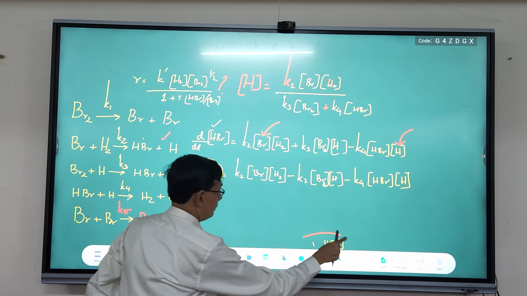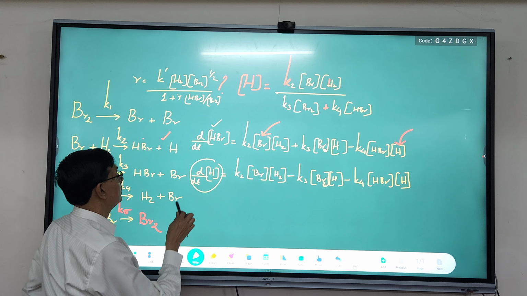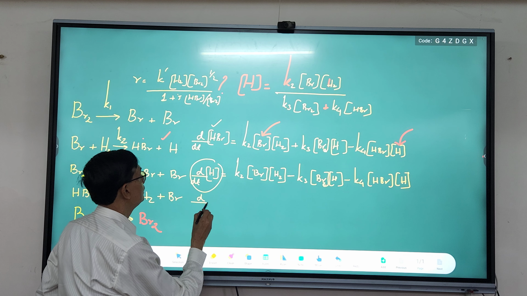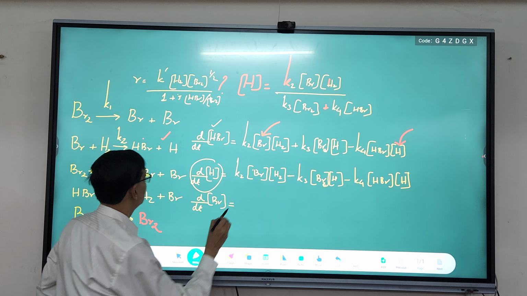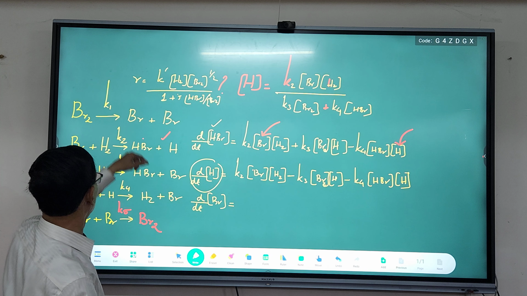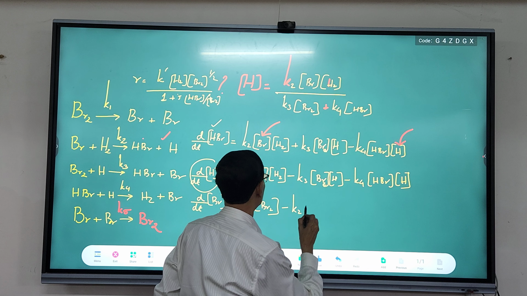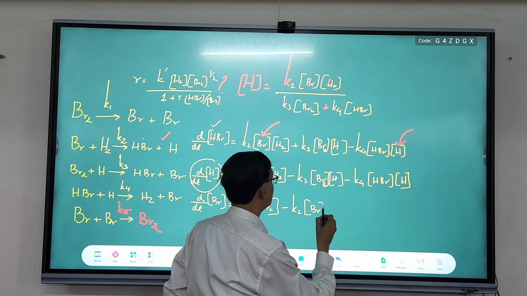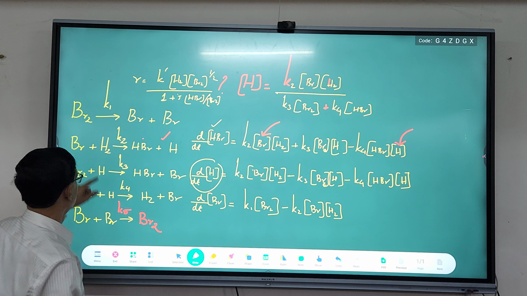Same thing, d[Br]/dt. From here Br is produced, so k1 [Br2]. Again, it's consumed, minus k2 [Br][H2] in this step.